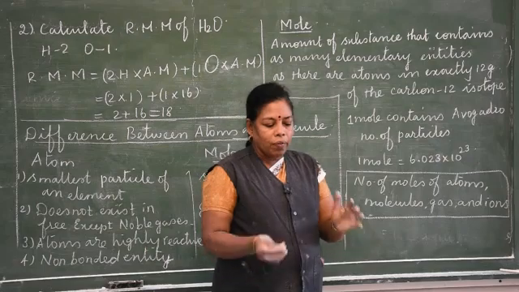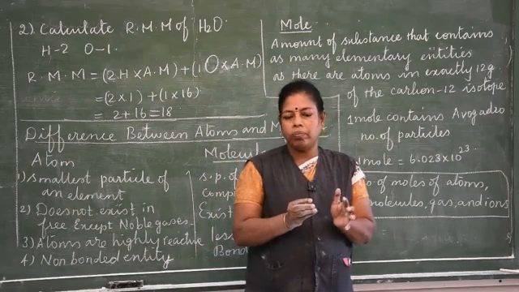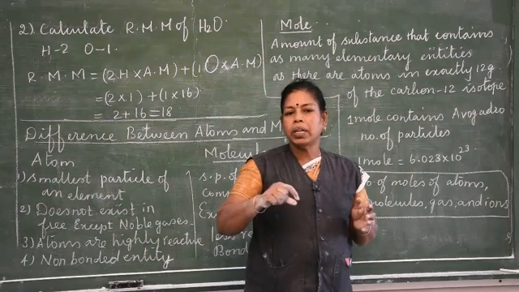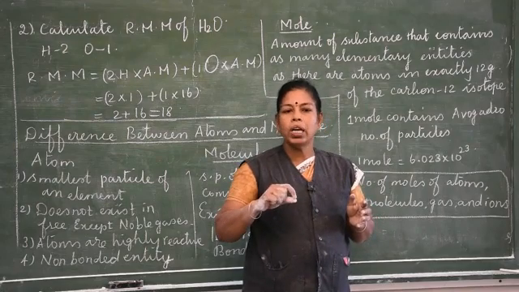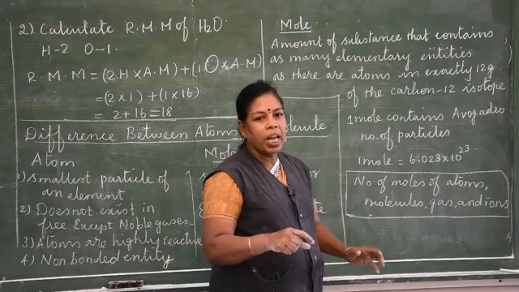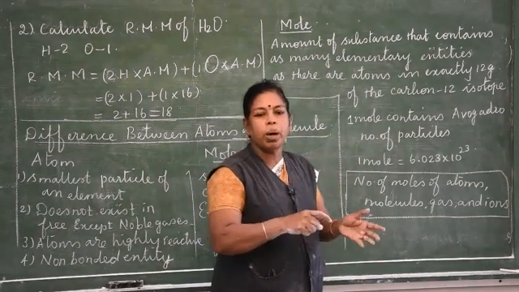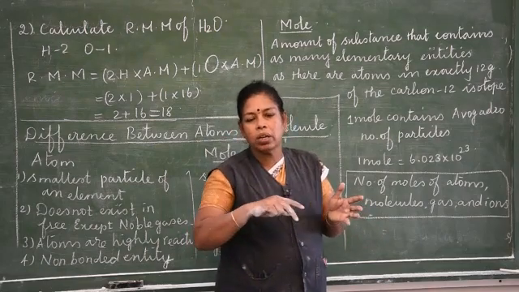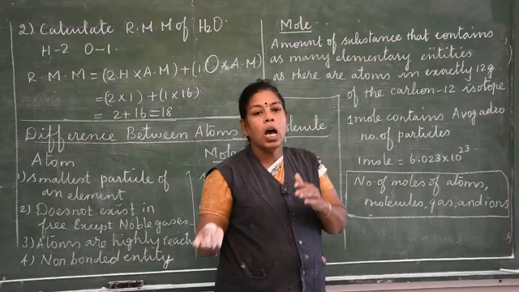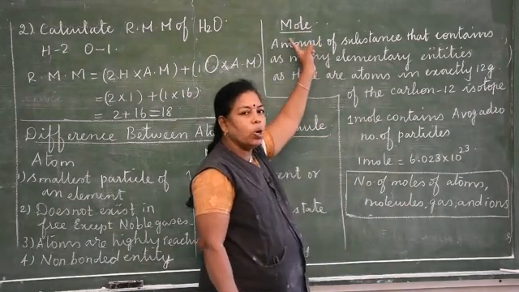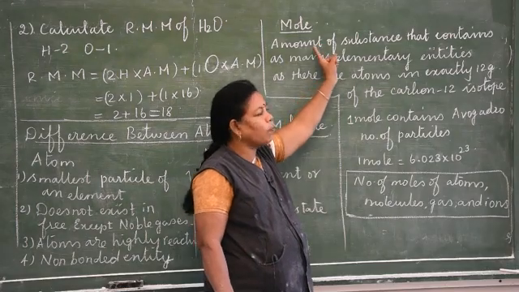For example, we take 12 gram of carbon and count the number of particles present in it. To make that much number of particles of another element, how much substance is required? That is called mole. So mole is the amount of a substance.